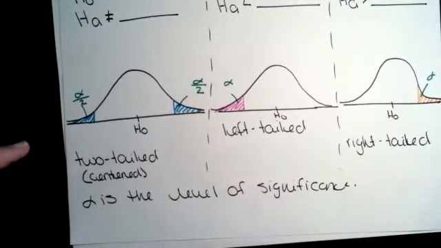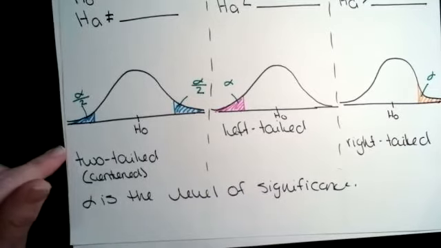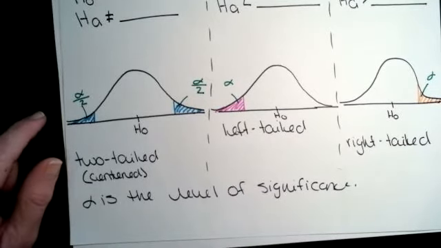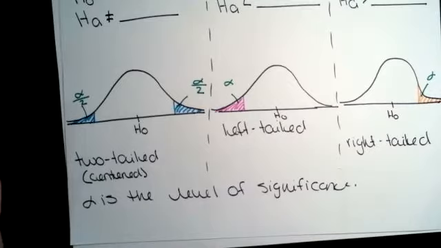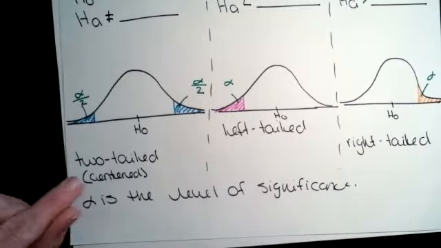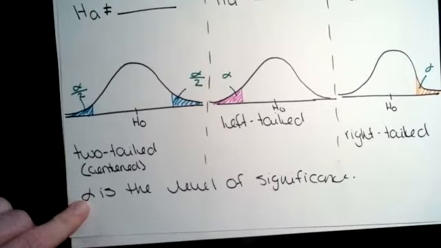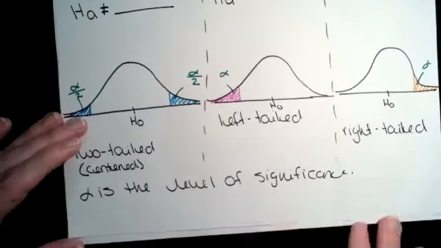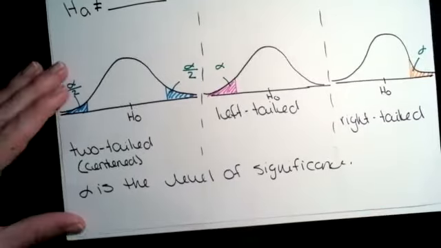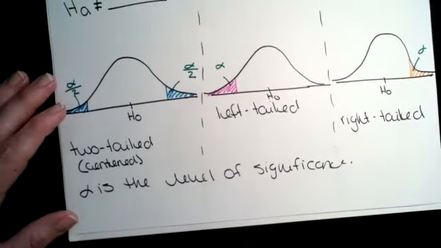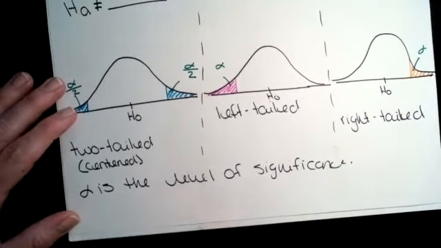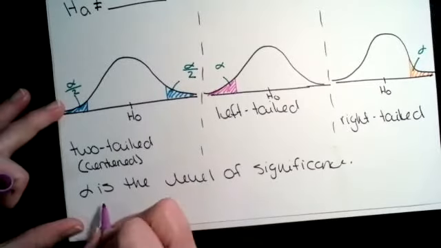This value alpha is what's going to tell me if we have support for the HA and to reject the null hypothesis. So this is what's going to tell me if I have support or not based on my sample for the alternative hypothesis and to reject the null hypothesis. We just won't know it yet because we're not going to do that until probably next week. Okay, so just keep in mind this is the area in the tails.